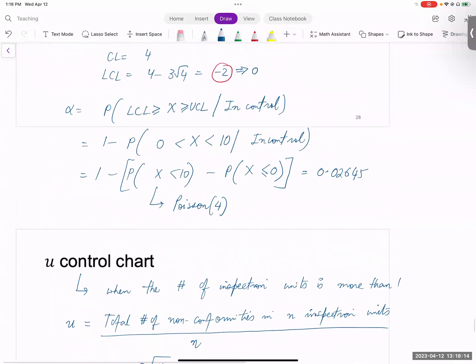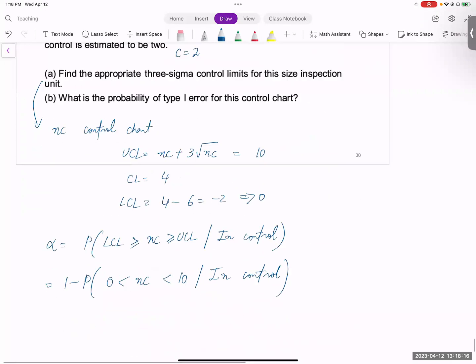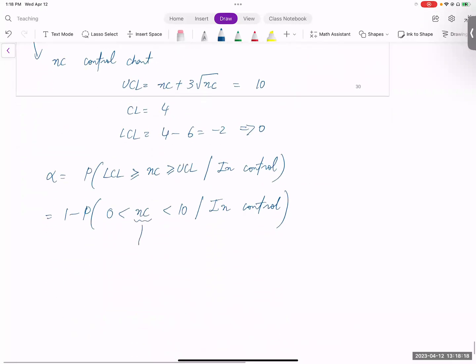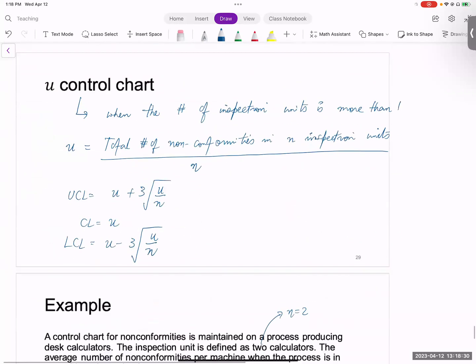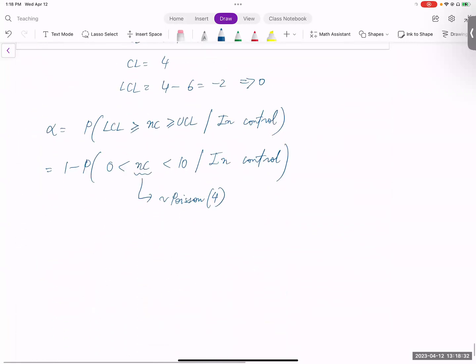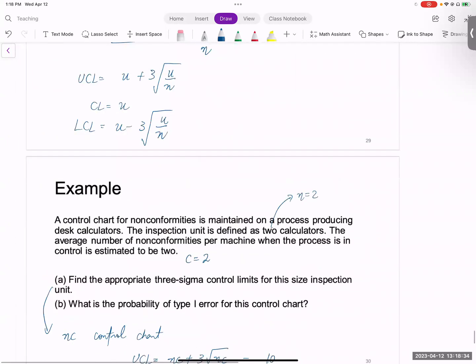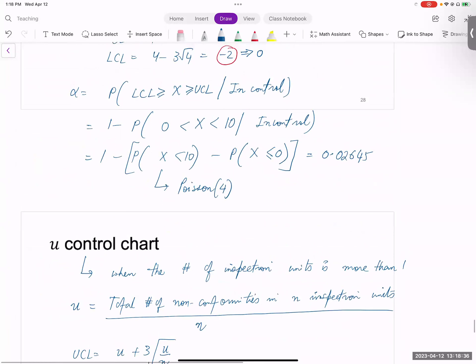X follows a Poisson distribution in that case. nc follows a Poisson distribution in this case with parameter 4. So in fact, if you compute the exact numbers at the end of the day, you should get a pretty similar or exactly the same number. So please try yourself, and if you see any issues, please let me know.